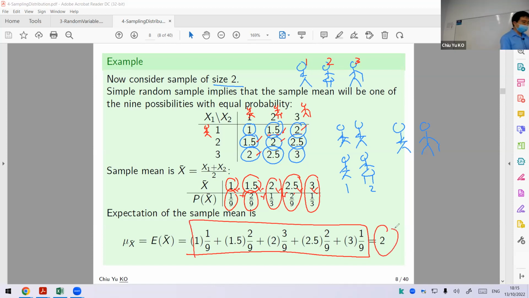So this example shows that if you have this 3-person village and you do a simple random sample of size 2, the expectation of the sample mean is just 2, which is the original mean, because for 1, 2, 3 the average is just 2. That is what I'm showing.